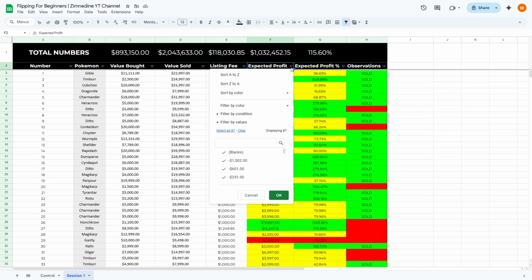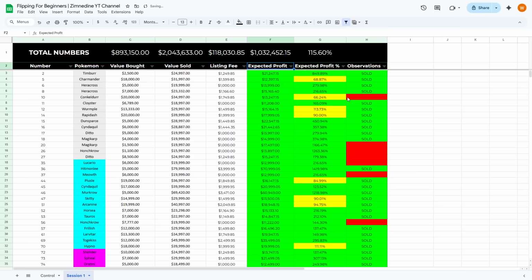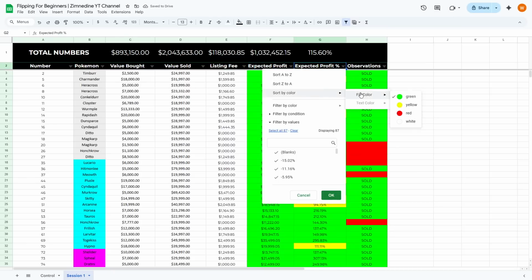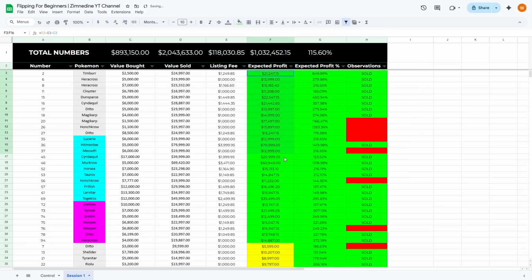Also, you can see that this is color coded in a way that I'm going to show you now. If you select here from sort by color and then green, and then expected profit and then by green as well, you can see that the green ones are actually the ones that are above our average.